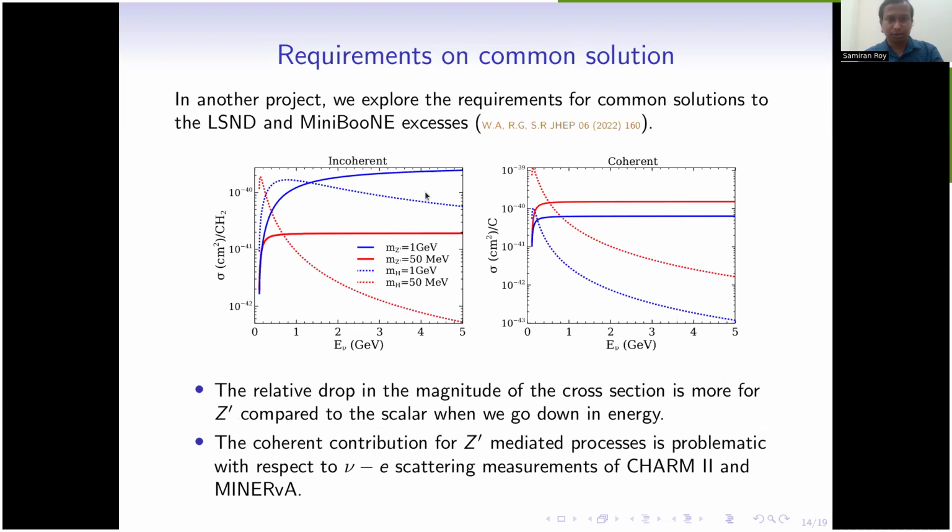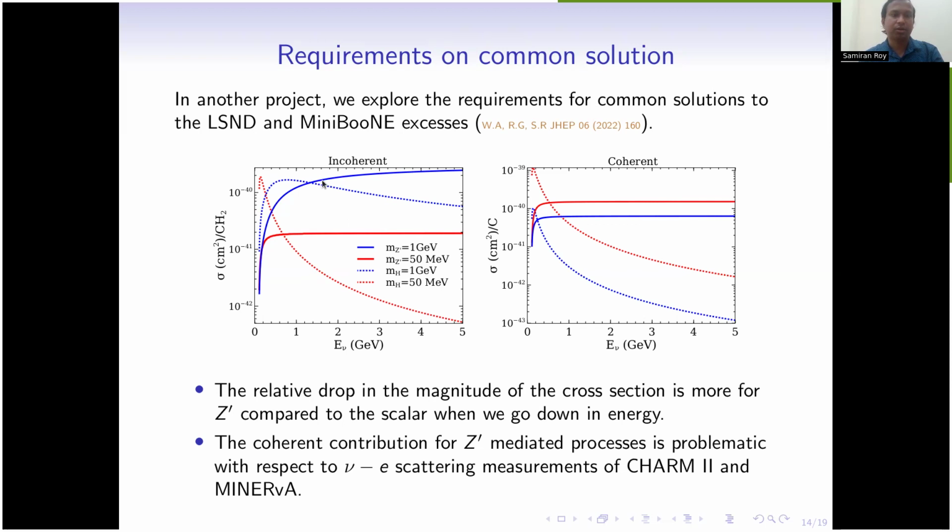Here in this paper, we discuss why some models of Z prime can't explain the LSND excess events. So here we take a 1 GeV mass for the Z prime and Higgs. We can see that for the Z prime, the cross section drops very rapidly when you go from the MiniBooNE to the LSND energy range. But for H, the drop in the cross section is not that much.